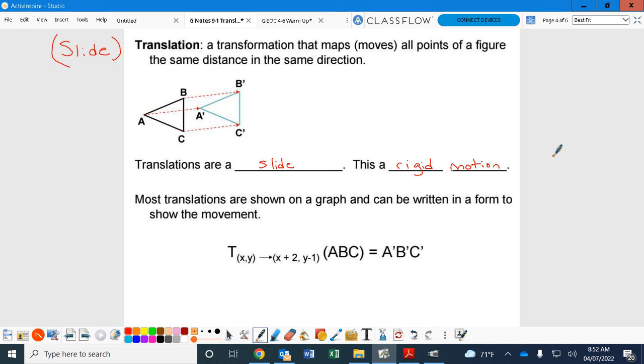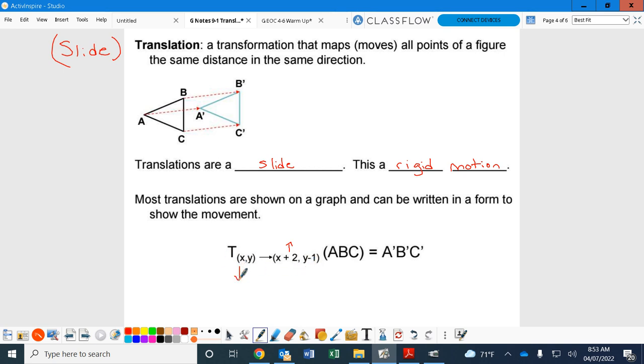Okay, guys. All you're doing is sliding it. This is the way you write it. Guys, don't make this harder than it is. There's a capital T that means translation. You start off with x, y because that's how all points start. And to each point, you're going to add or subtract a number if you change it. So to the x, you're going to move it 2. Since this is x plus 2, what is that going to do to that thing? Let's talk about this.